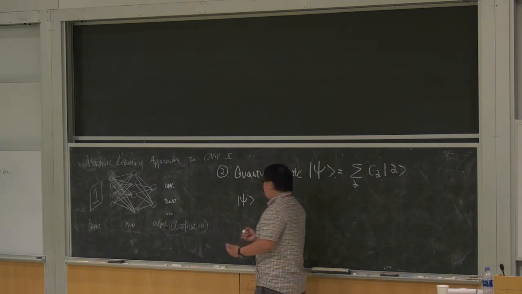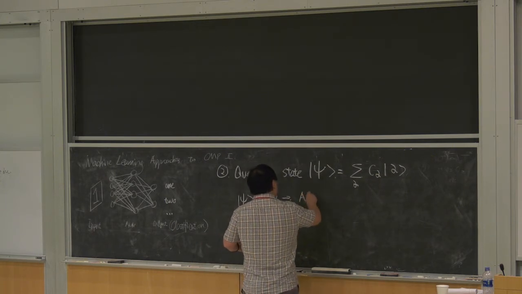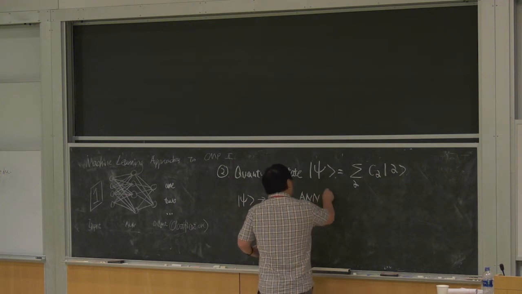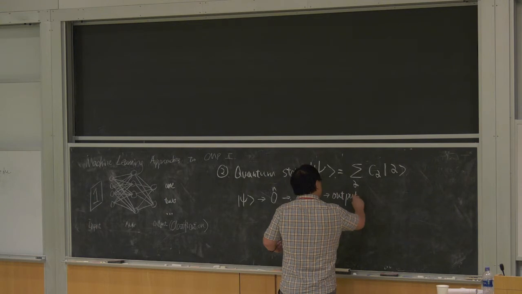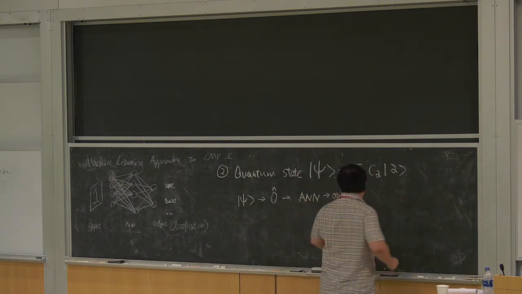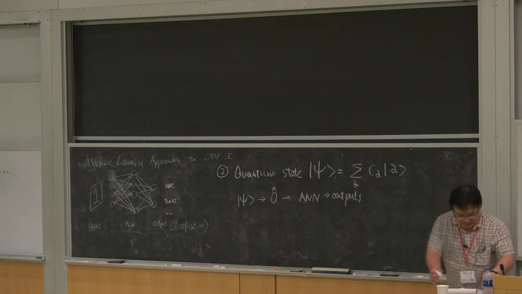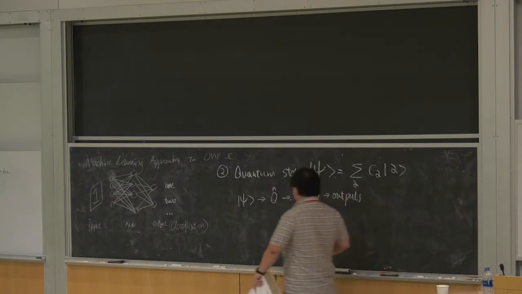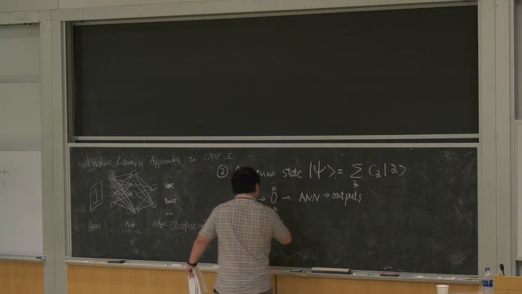A C number is more compatible with an artificial neural network, and that can give us desired outputs. In other words, this thing is called feature selection. So we need to choose operators.